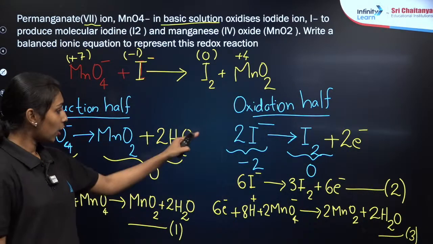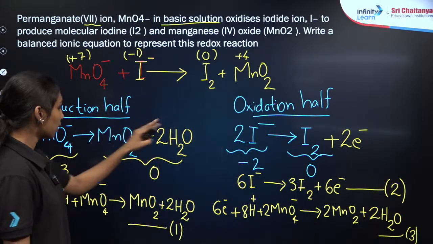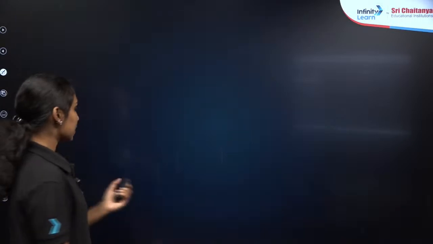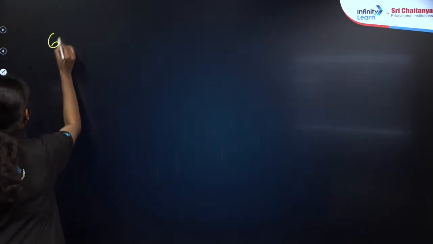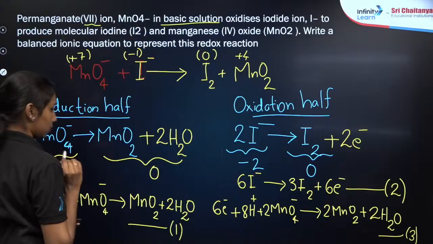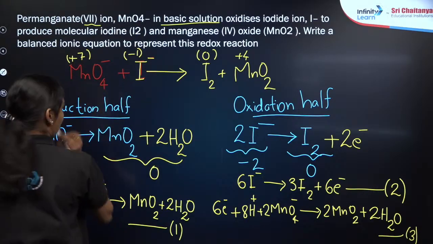Now I am adding the oxidation half and the reduction half. You will get 6I minus plus 8H plus plus 2MnO4 minus.